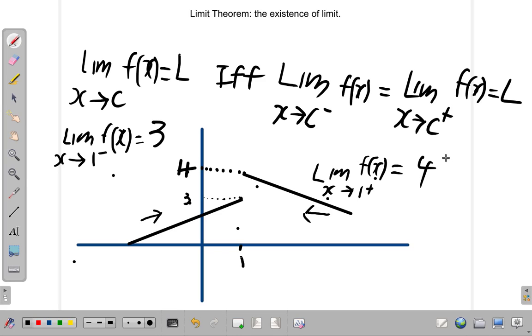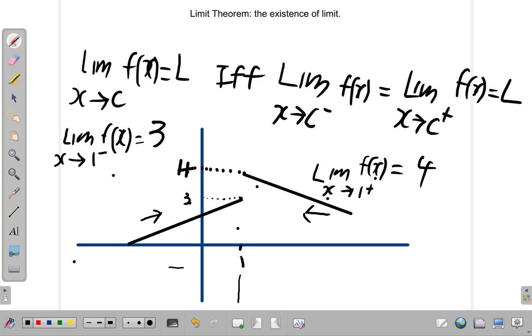Okay, so we have looked at this example of one of the limit theorems when you talk about two-sided limits. And we continue looking at this. Remember now, we say this is two-sided because this is 1 and we're approaching 1.